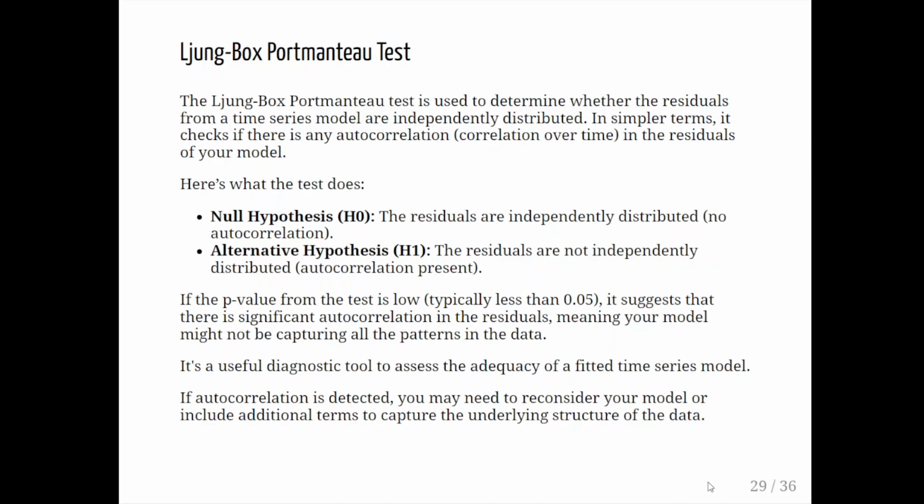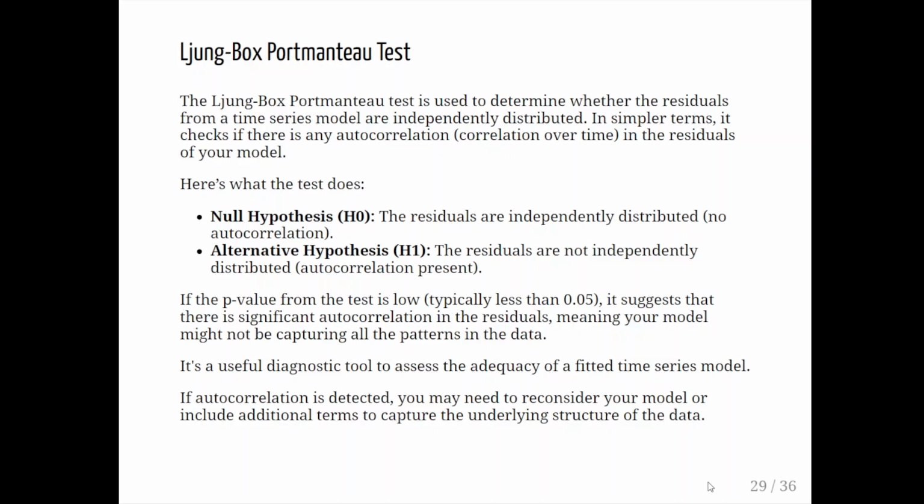The Ljung-Box Portmanteau test is used to determine whether the residuals from a time series model are independently distributed. In simpler terms, it checks if there is any autocorrelation, which is correlation over time, in the residuals of your model. So here's what the test does. The null hypothesis H0: the residuals are independently distributed, no autocorrelation. Alternative hypothesis H1: the residuals are not independently distributed, that is to say autocorrelation is present.